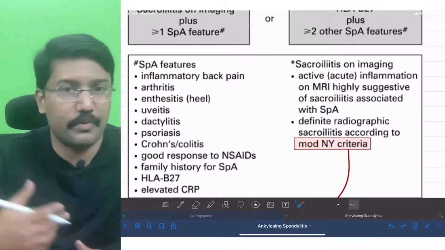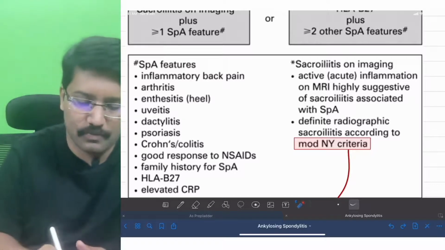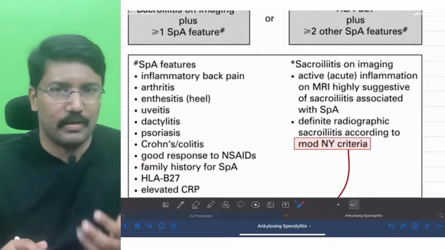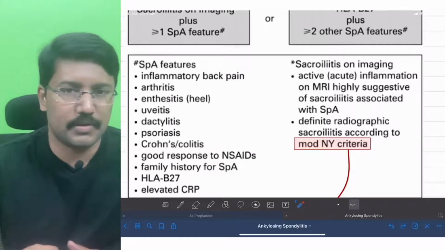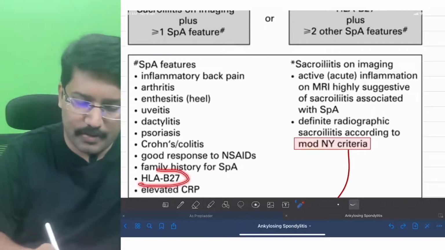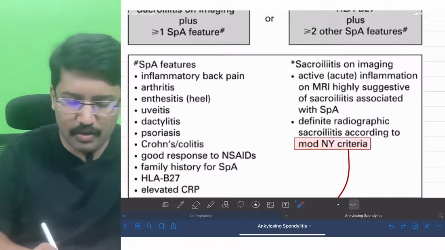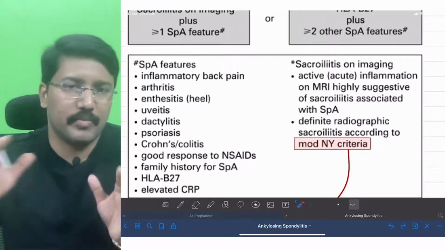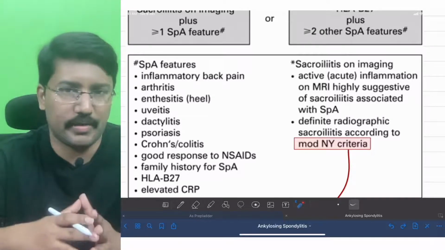NSAIDs are the mainstay of treatment for ankylosing spondylosis. So if the patient was taking NSAIDs and feeling really better with that, that is also one of the clinical features. Then having HLA-B27 positivity or elevated CRP, right? CRP and ESR, not always, but in a reasonable number of patients are elevated.